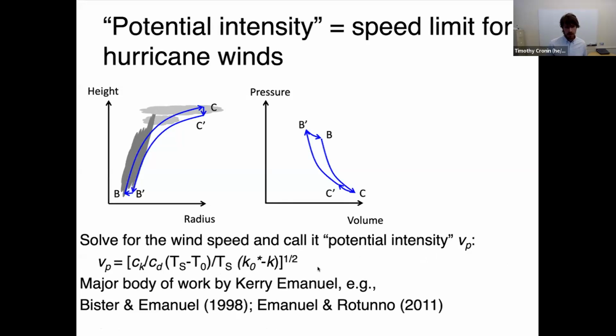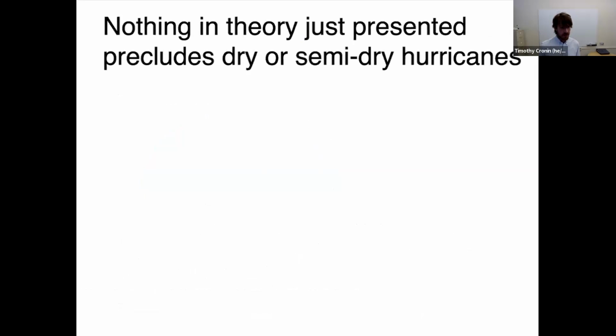So there's a major body of work by Emanuel on this, and it's really, I think, a nice accomplishment in atmospheric science. The thing that I want to note about this, and as a motivation for the work that I've done, is that nothing in the theory that I just presented precludes dry or semi-dry hurricanes. Those would all potentially have well-defined secondary circulations, could act like heat engines, could behave very similarly.